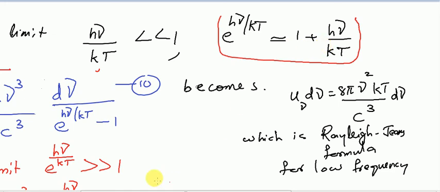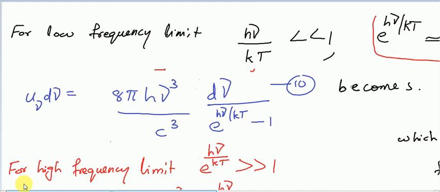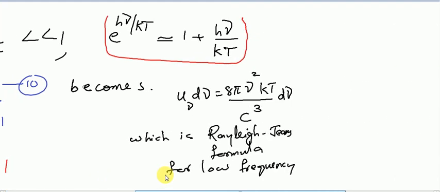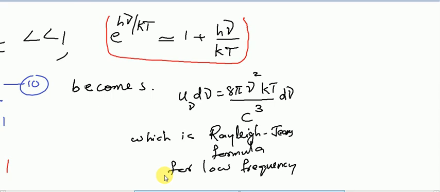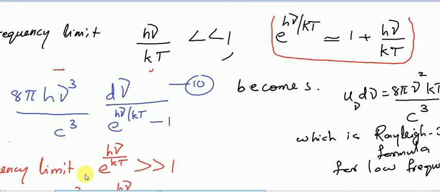Then using Planck's distribution law, the equation 10 that we obtained becomes u nu d nu equal to 8 pi nu square kT divided by c cube times d nu, by substituting e to the power h nu by kT as 1 plus h nu by kT. The 1 cancels and only h nu by kT will come in the denominator.